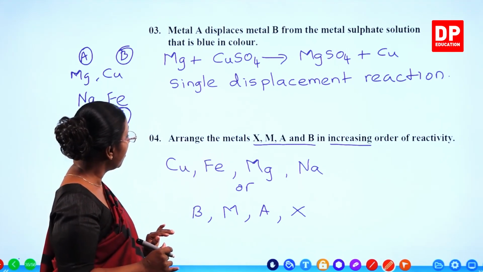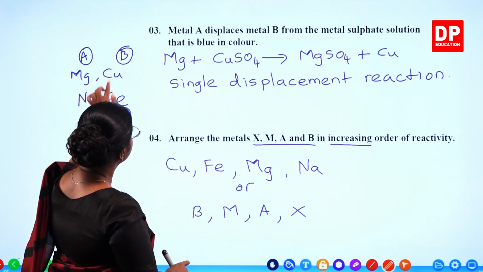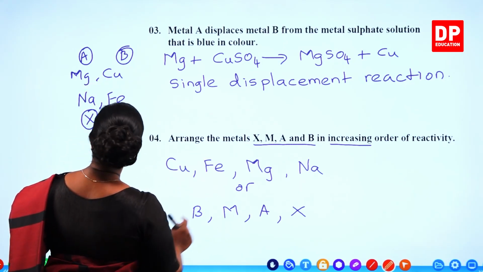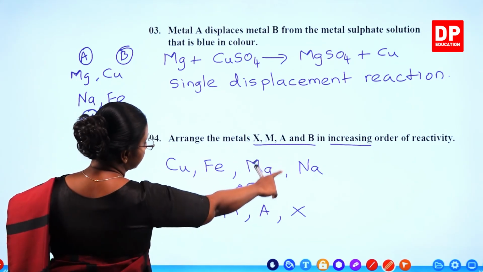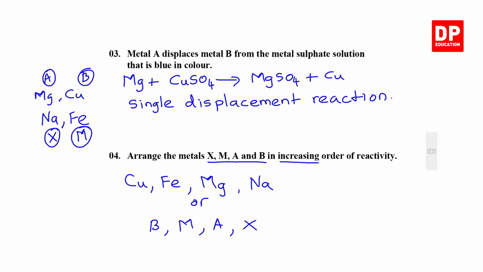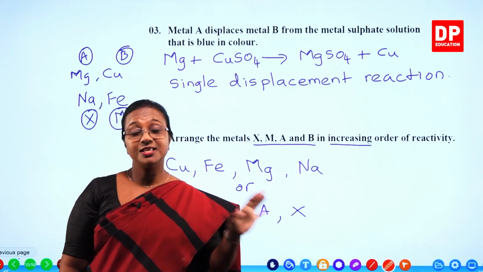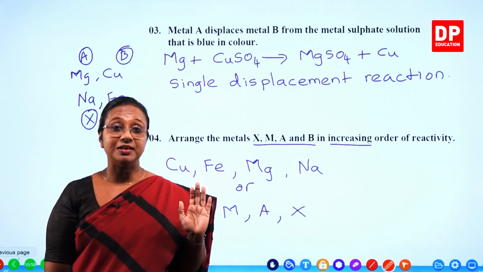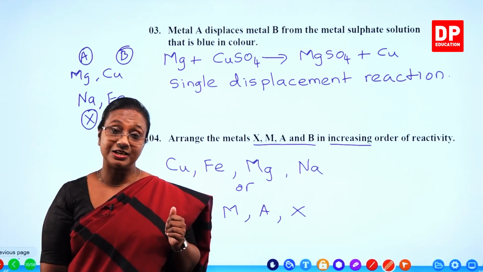So that is the order of reactivity. Again, to check, copper is B, M is iron, magnesium is A and sodium is X. So you can arrange them like that. Okay, students, with those questions, I'm going to end this chapter, and in the next chapter also, I will discuss some more extra questions with you.